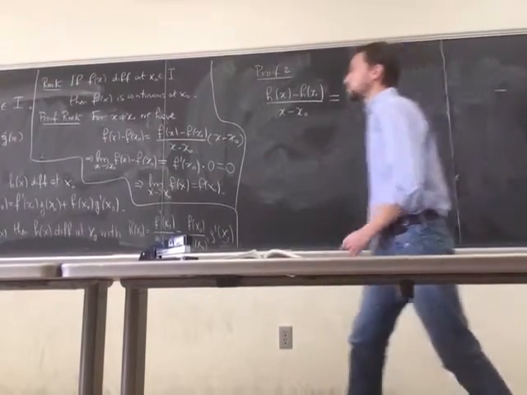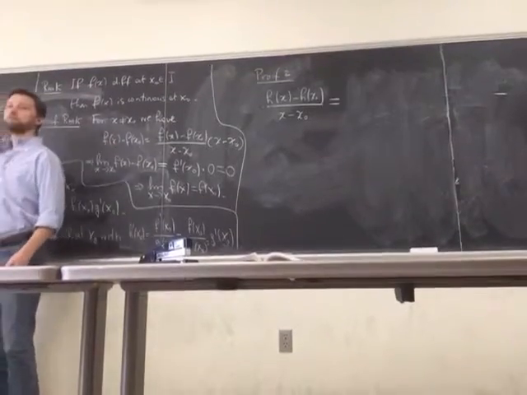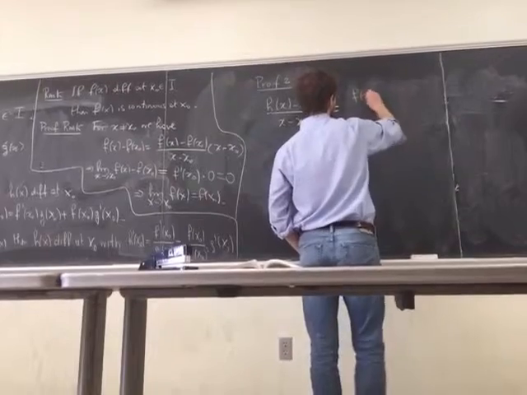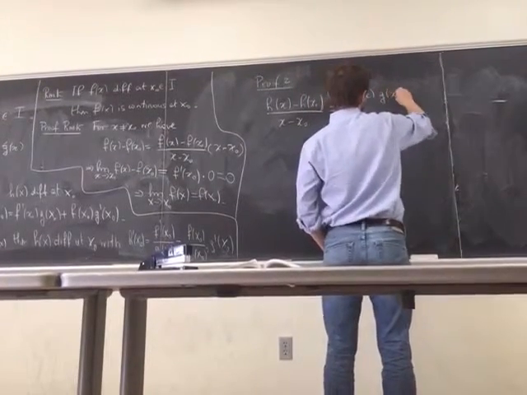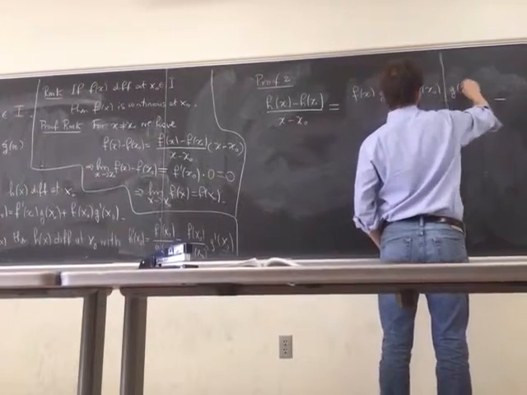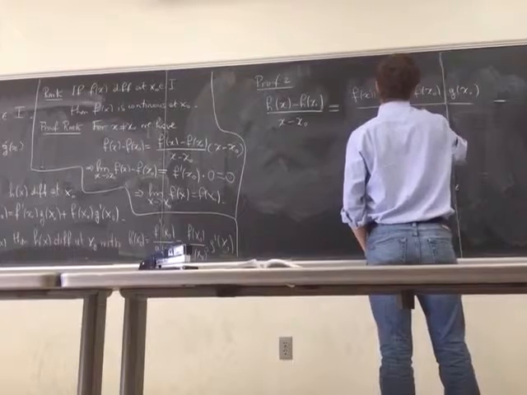So in case 2, for the Leibniz rule, h of x is defined as the product of f and g. So what's written here is just f of x times g of x minus f of x naught times g of x naught, divided by x minus x naught.